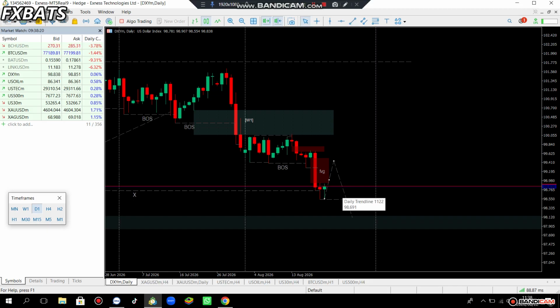So short term we're still bearish on the dollar, long term we are bullish. So this is my expectation on the dollar next week. We're hoping to buy maybe Monday and Tuesday, then maybe midweek we start selling it off to the downside.